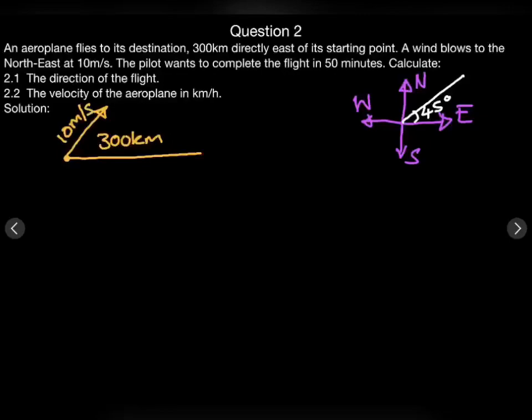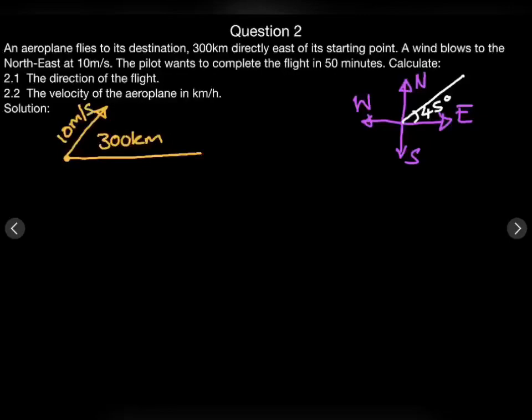When you look at the first question, they're saying calculate the direction of the flight, because even if the destination is east, you're not going to fly directly east because of the wind which is blowing. The wind has an effect of pushing the plane, and we end up missing the destination. We don't want to miss the destination, so we have to react to the wind. How do we react to the wind?